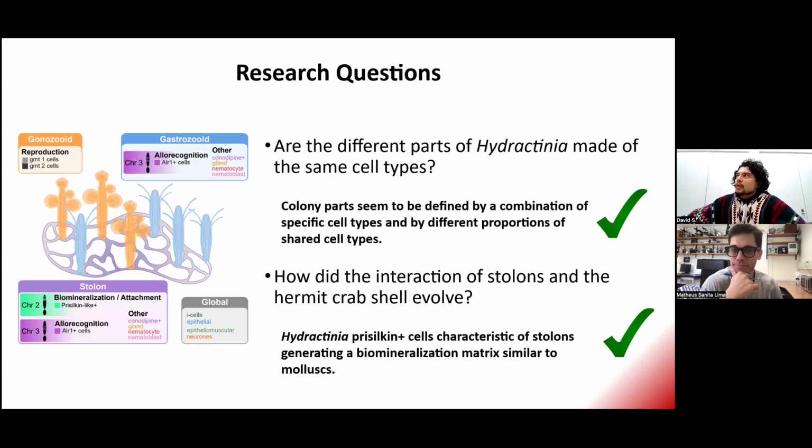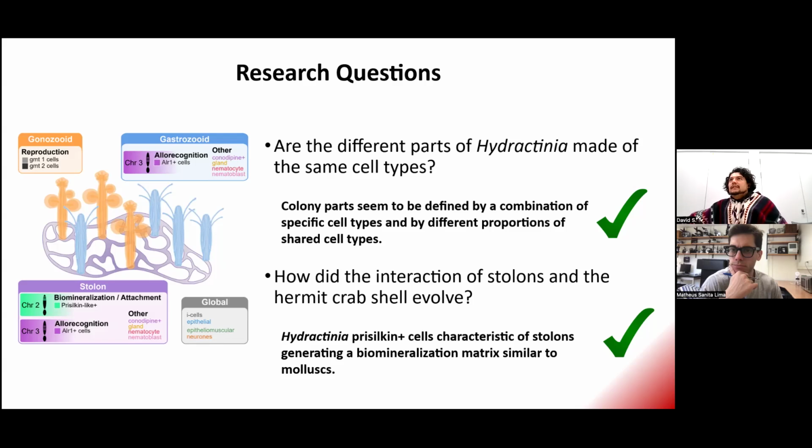So it seems not to be an issue when a part of the colony is missing, because all the machinery is already present in all the parts of the colony, so they can just start from scratch and they don't seem to care.